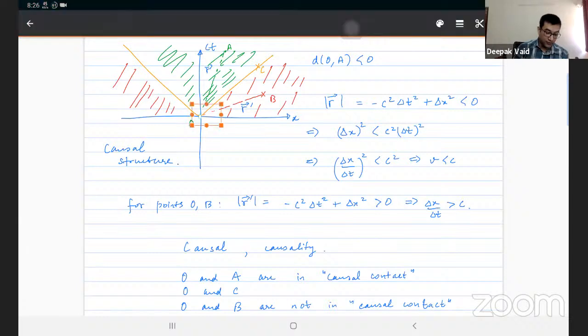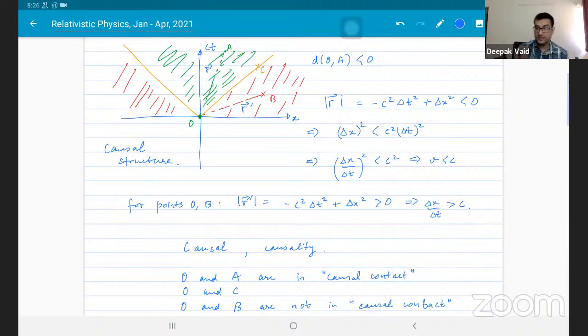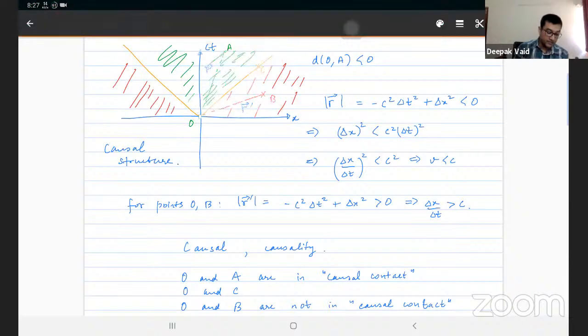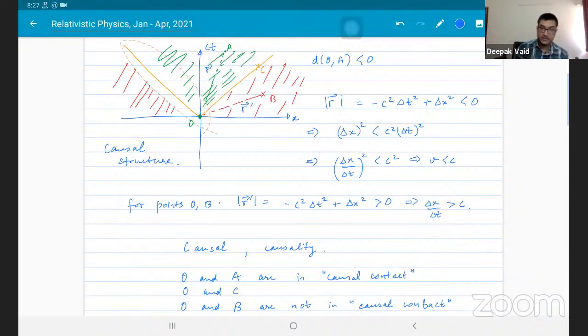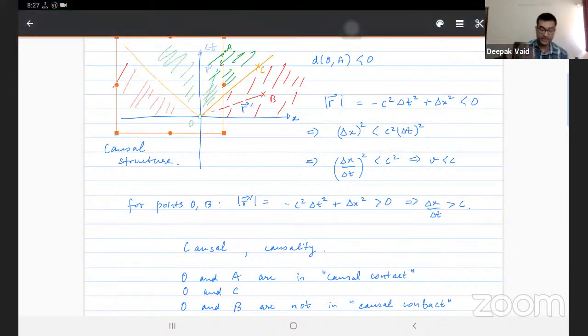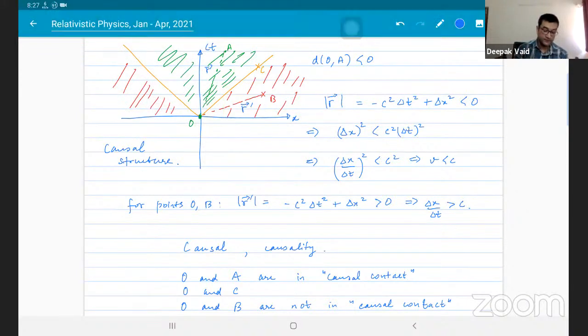So if you look at the origin in this space-time diagram, and you imagine that there is something that happens at this origin, that something, whatever that information is, it will get outwards, right? But it cannot propagate at a speed greater than the speed of light. So anything that happens here can only move outwards at a maximum speed of c in this direction and in this direction. Well, actually, it's in all directions, but in this projection, you can't tell.